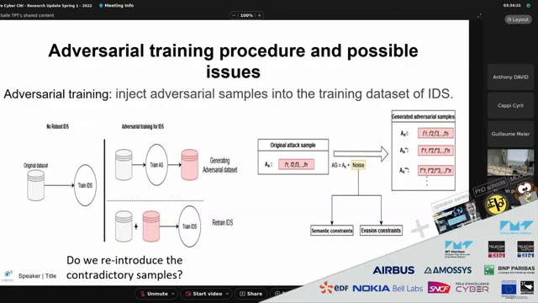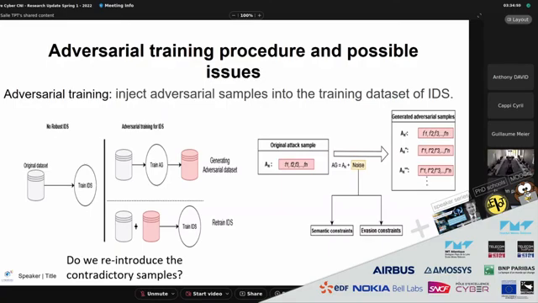Okay, so this is the problem of adversarial generation, because here we have some constraints. And this is what the concept of INA is about. If you have datasets that have some features, there are some features that are functional for a type of attack, but are not functional for another type of attack.